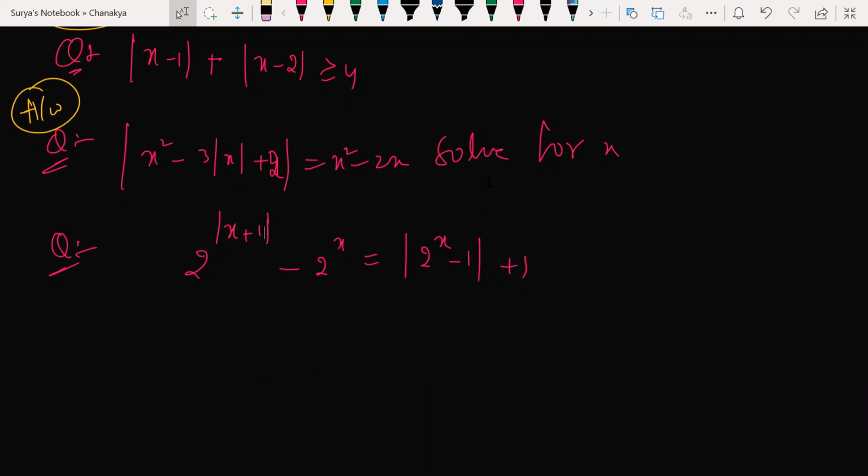Sir, first one I got x greater than 7 by 2, means x belongs to 7 by 2 to infinity. No. Check.